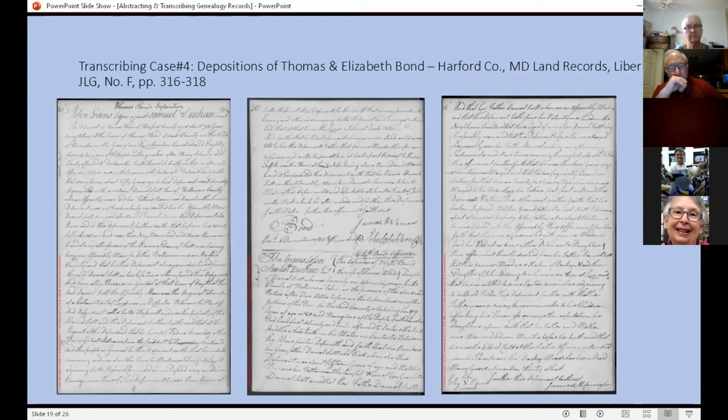And in these depositions gave family relationships of who was the daughter of so-and-so, who was the son of so-and-so, who was alive at a specific point in time. And this one also gives even what the person, Elizabeth Bond, who was originally Elizabeth Scott, the daughter of Daniel Scott, whose father was in the House of Delegates here in Maryland.